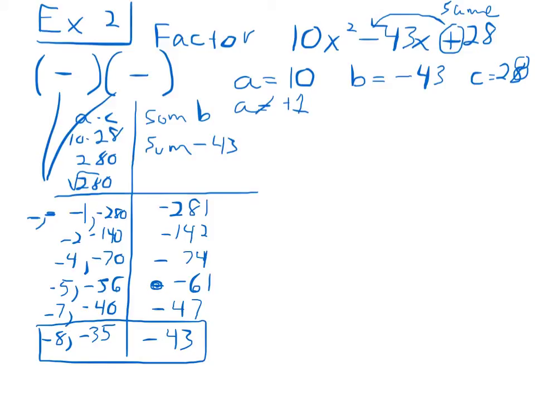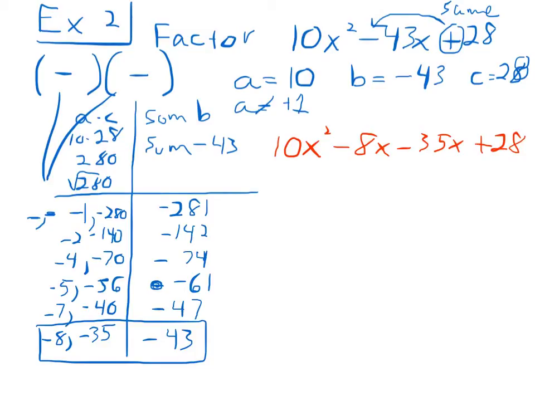So now I can rewrite them using the grouping method. Okay, so I would have 10x squared. Let's see, my last number is going to be 28. I'm going to try keeping them in the same order. So minus 8x, we'll see if it works out. Minus 35x plus 28.